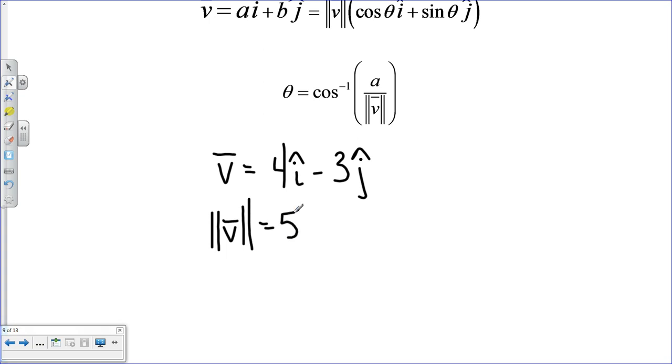My angle theta is equal to the cosine inverse of 4/5. So find that theta, use your calculator because you're not going to be able to look that up on your table. You've got your angle, and then you go ahead and put it into magnitude form. Pretty straightforward. We've done this a lot. We're just now doing it for vectors.